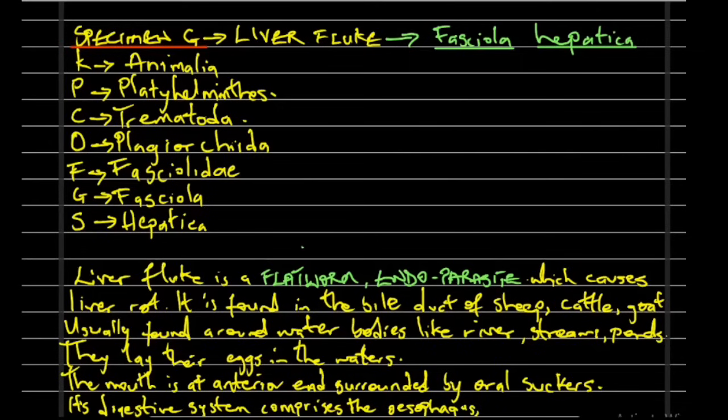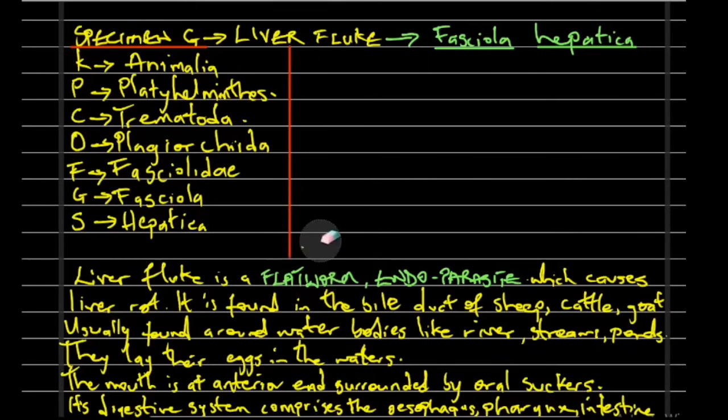It has the esophagus, it has the pharynx, and the intestine. These are the parts of the digestive system of this particular organism, the liver fluke.